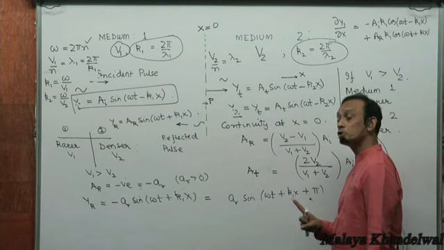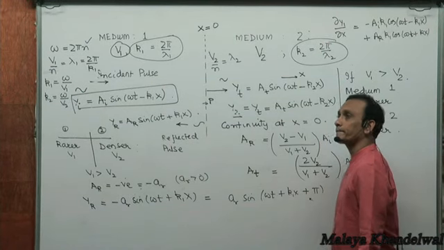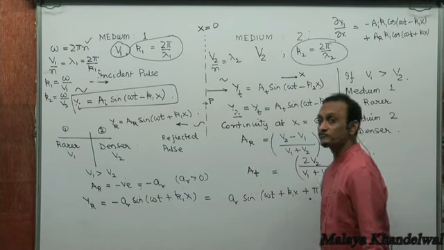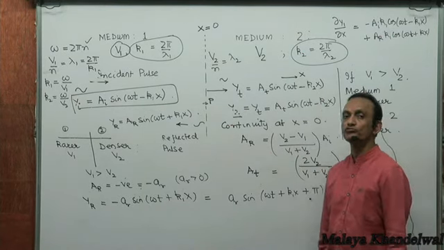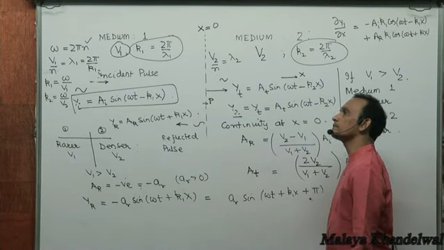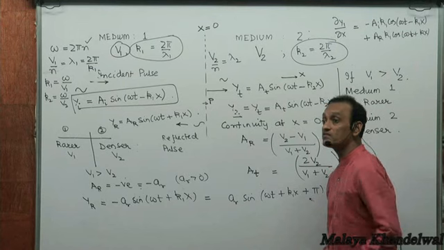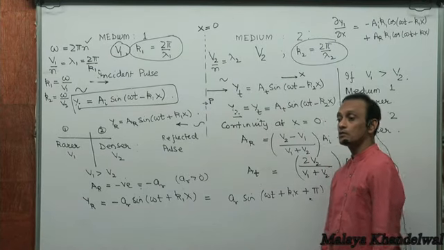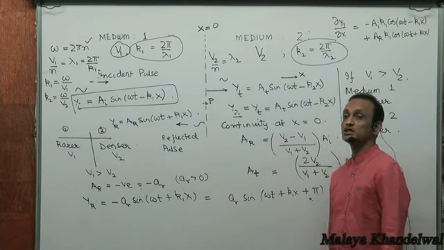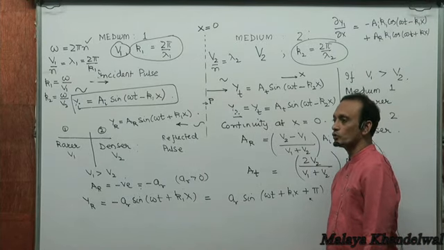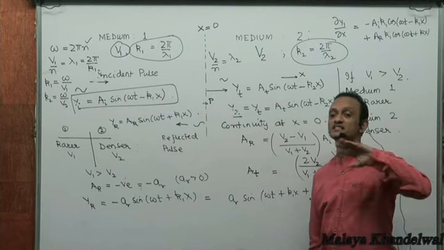Also write down, physically, a 180 degrees change of phase is equivalent to an inversion of the incident pulse.